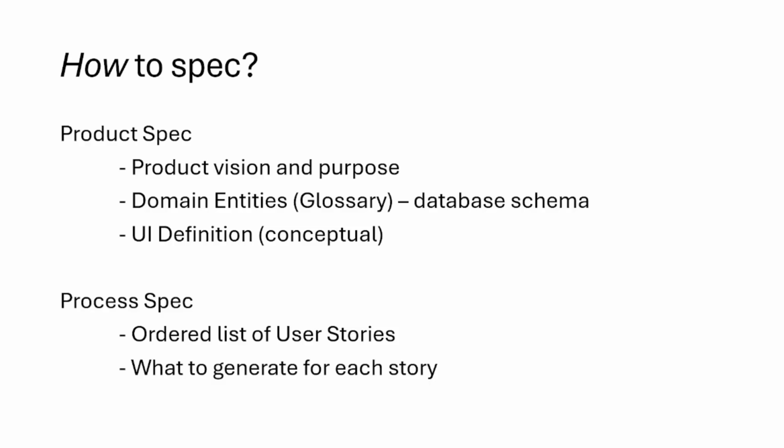Next thing is the user interface definition. I write conceptual because you don't want to go all in detail. The spacing between elements, that's not of your concern. AI does that probably better than most of us. But what is important is what HTML inputs need to be on the page. So you may leave some choices to AI, and it could, for instance, choose to make a form with a 3-column layout.